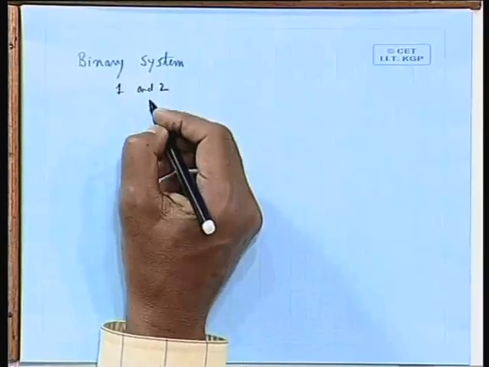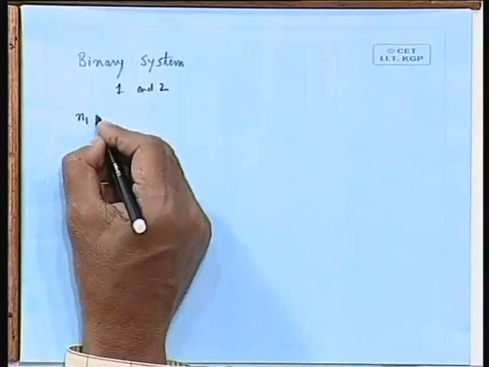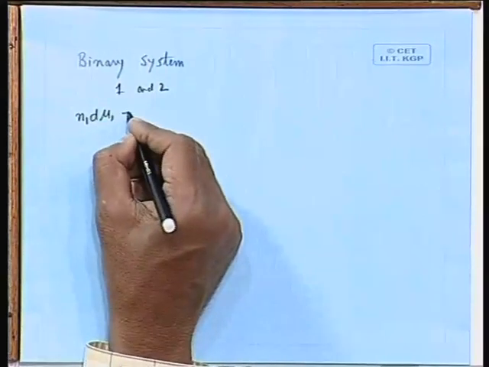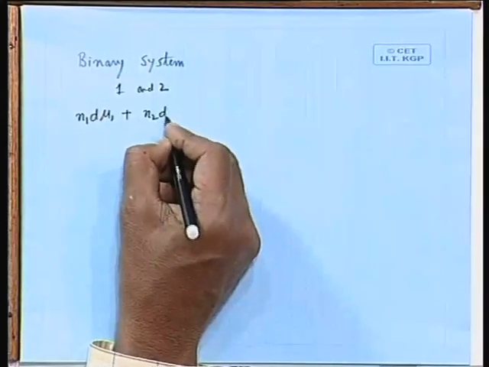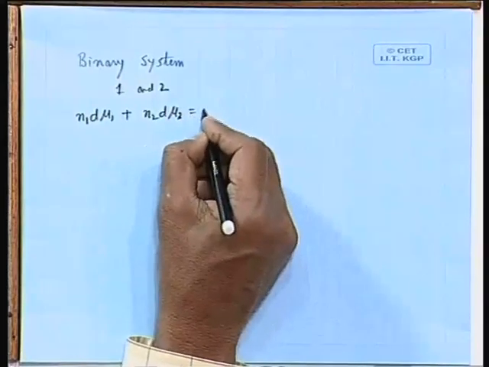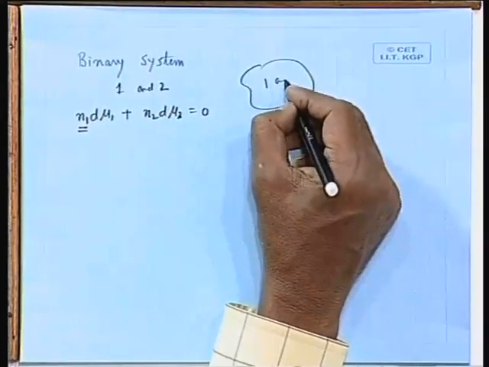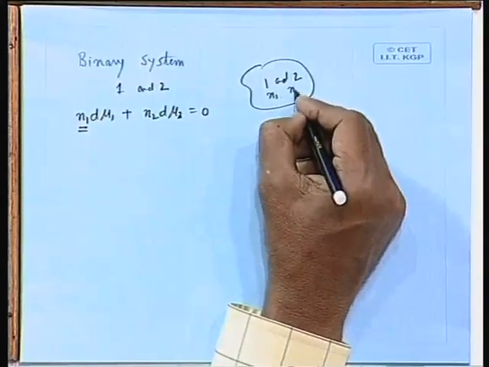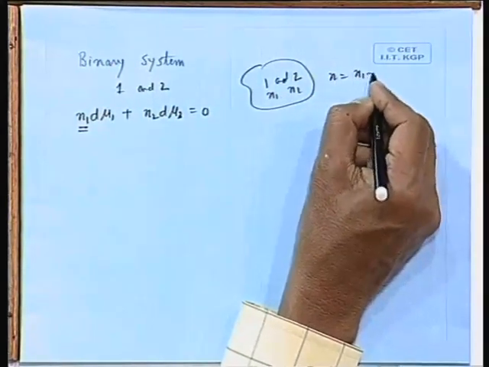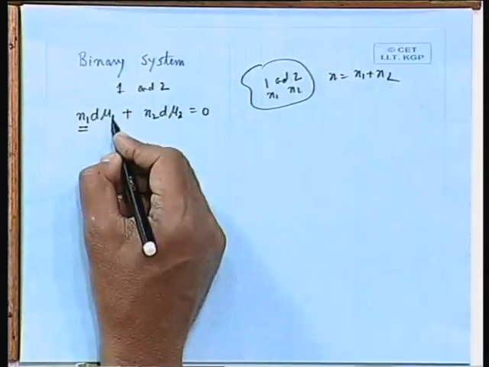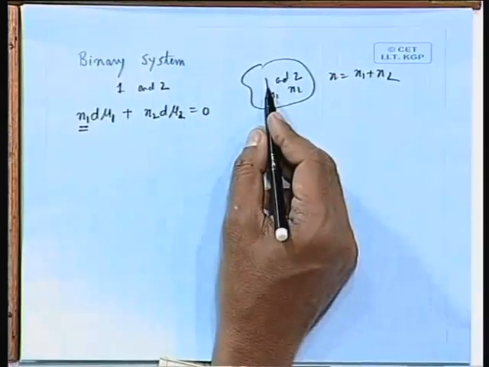For a binary system, we have already deduced the equation n1 d mu 1 plus n2 d mu 2 is 0, where n1 and n2 are the numbers of moles in a mixture of 1 and 2, n is the total number of moles, n1 plus n2, and mu 1, mu 2 are the chemical potentials of components 1 and 2.